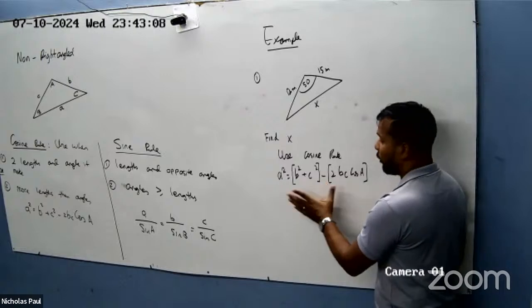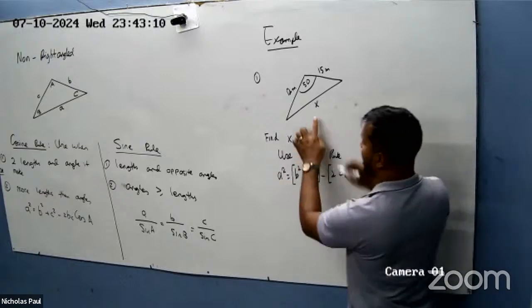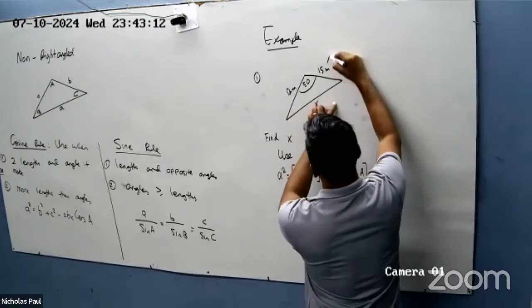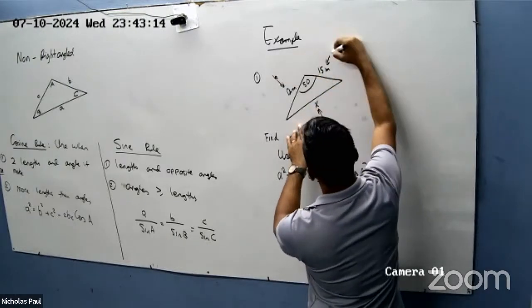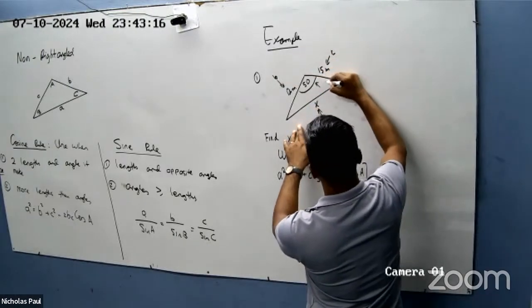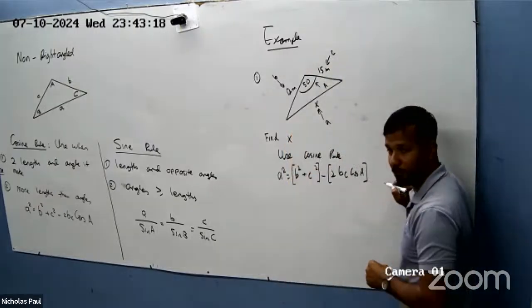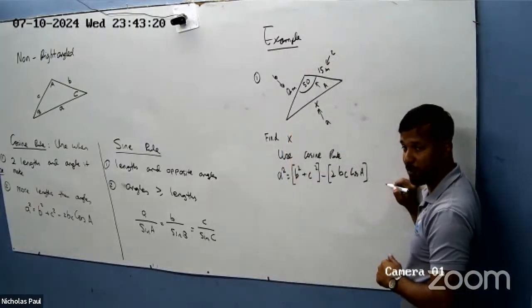All right. So what is a, what is b, and what is c? There's a, there's b, and there's c, and there's the angle A. You okay with that?